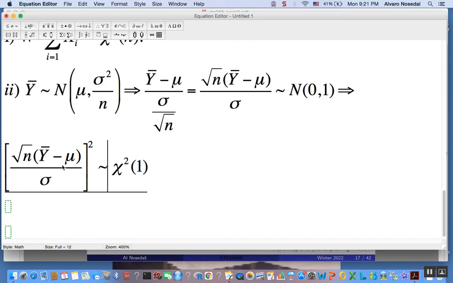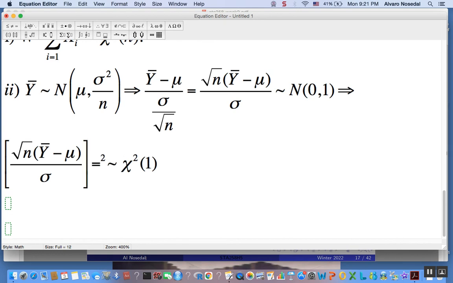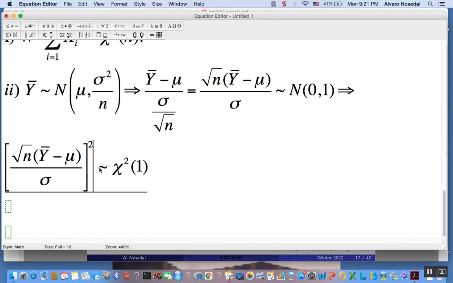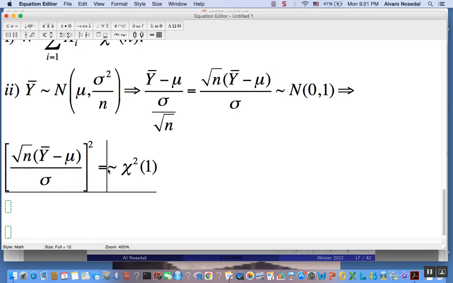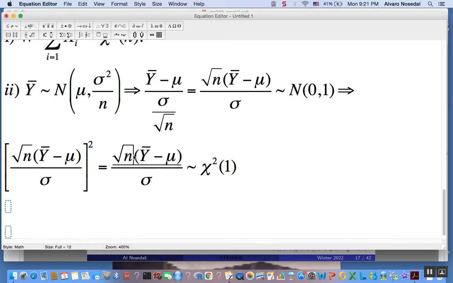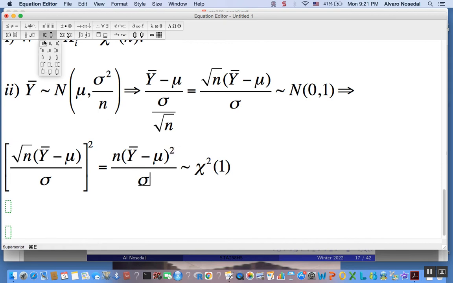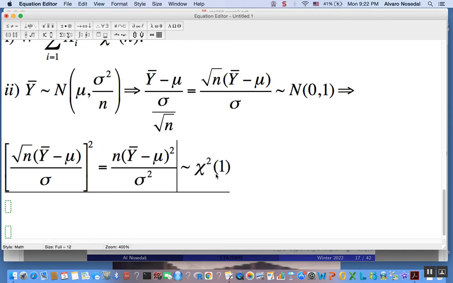A nicer way of writing this down would be just like this. That's the same as n times y bar minus mu squared divided by sigma squared, which has a chi-square distribution with 1 degree of freedom. Agreed?